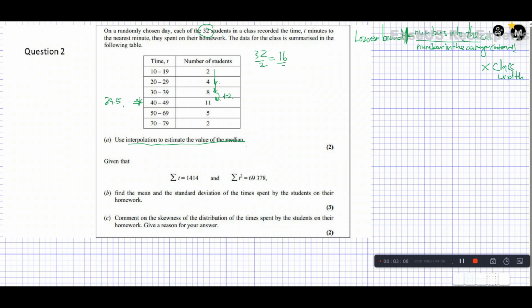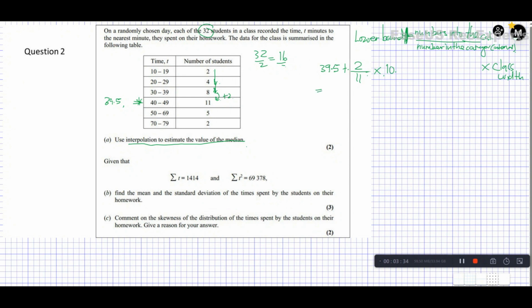So 39.5 plus how many numbers before we reach 16? We already have 14, so you have to add 2, and then divide by the number in the category, which is 11, and then times the class width, 40 inclusive up to 49, that's about 10.